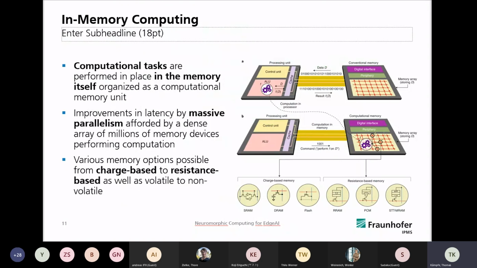So, let's look into in-memory computing. In-memory computing is an approach where certain computational tasks are performed in place in the memory itself, organized as a computational memory unit.